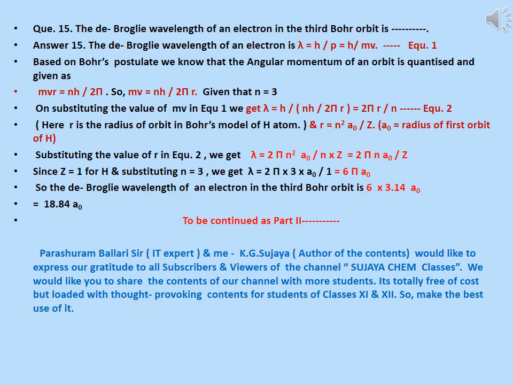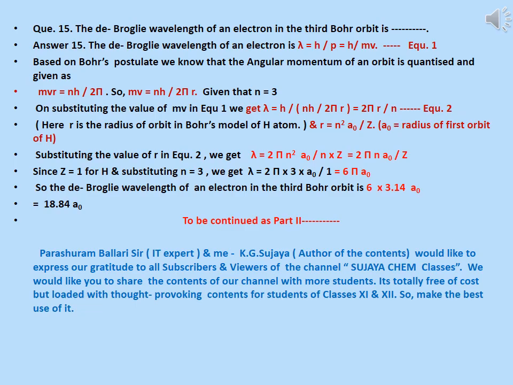Now, based on Bohr's postulate, we know that angular momentum of an electron in an orbit, or the angular momentum of an orbit itself, is quantized and given as mvr is equal to nh by 2 pi. So rearranging, we get it as mv is equal to nh by 2 pi r.